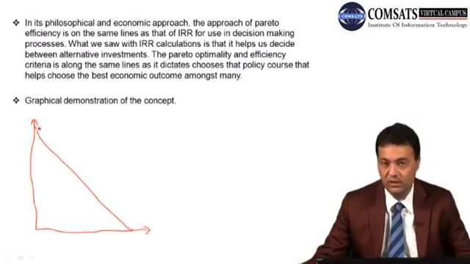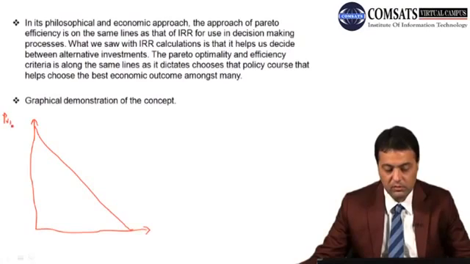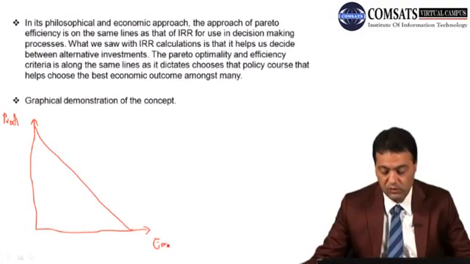Think of this as an economy. Think of this as, let us say this is producer, which I will write as PROD, and this one is consumer. So we've divided the economy into two classes, producer and consumer.